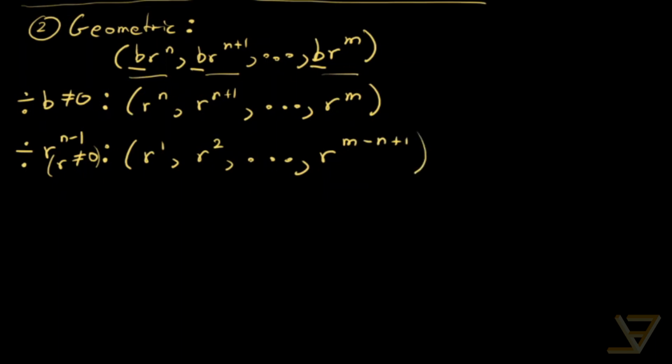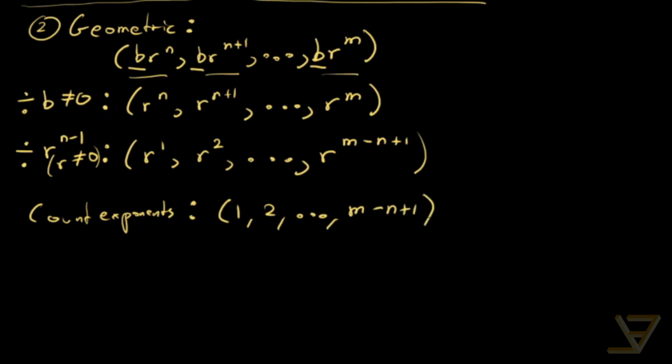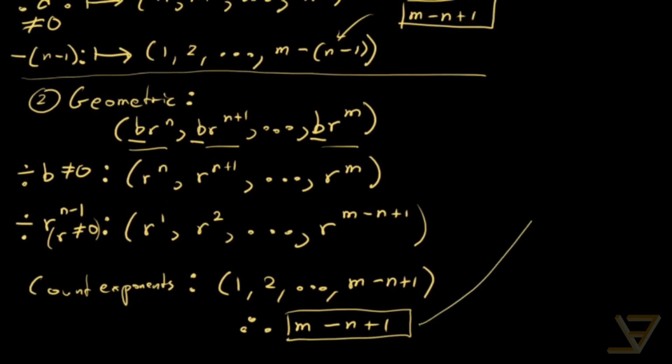And now we just count exponents. Formally we're using a logarithm, but it suffices to just look at the exponents since they're all distinct. 1, 2, all the way through to m minus n plus 1. So the answer is m minus n plus 1, which is interestingly the same as the answer that we had up here for the arithmetic sequence.